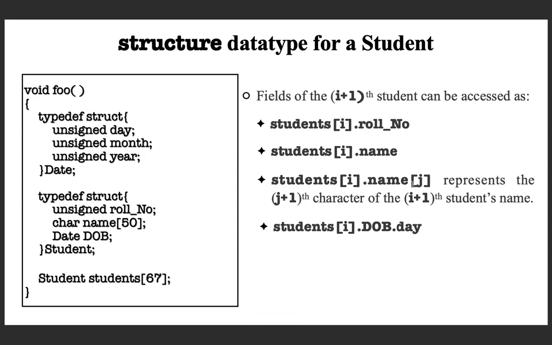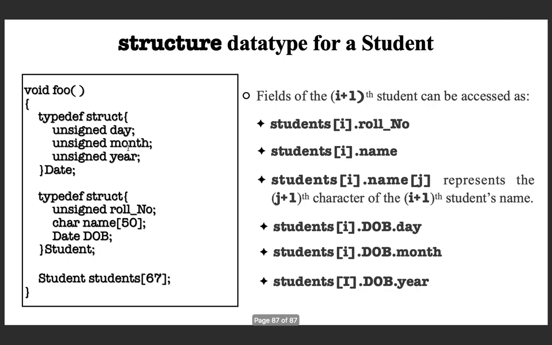And date of birth, if you say dob, it has three other components. Dot day is the day field of the date of birth, dot month is the month field, and dot year is the year field. And if you want to access the date of birth as a single object, it's just dob, but that is a structure variable. And with this we are finishing this lecture.